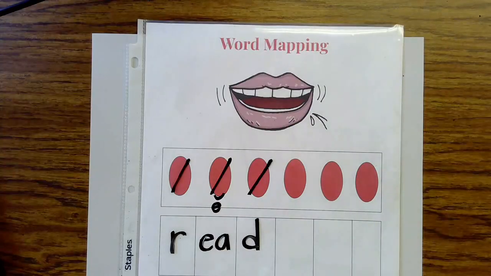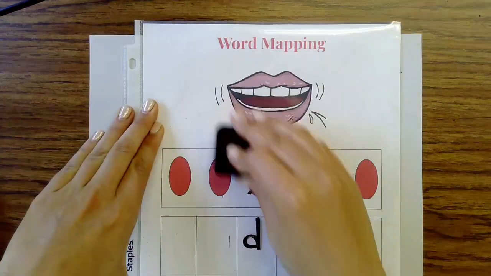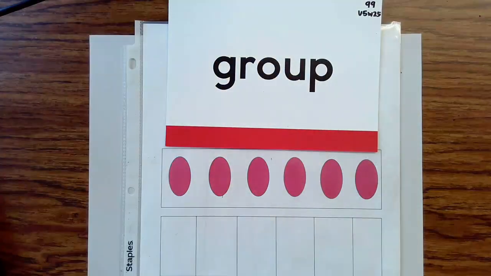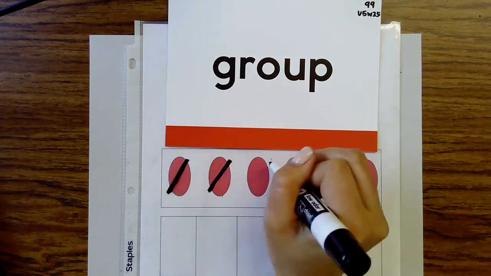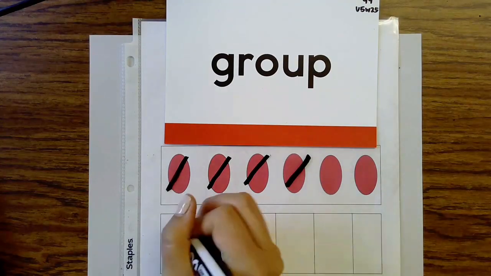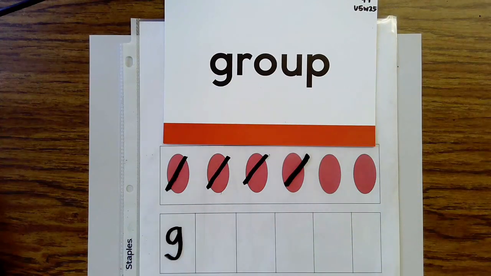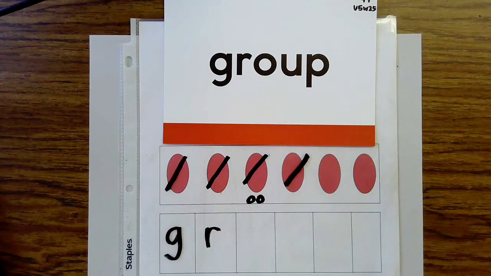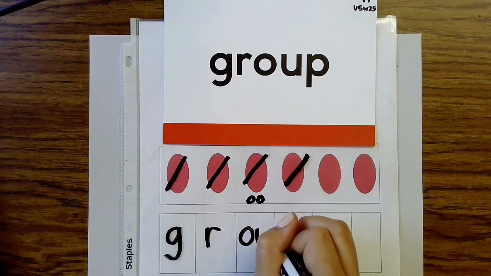Here comes the next word. The next word is the word group. Say group. Sound group. Oo, group. G being a G, R being an R. Oo is typically spelled with an O, but here it's spelled with OU.